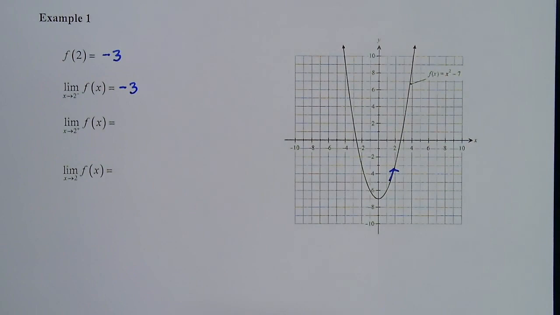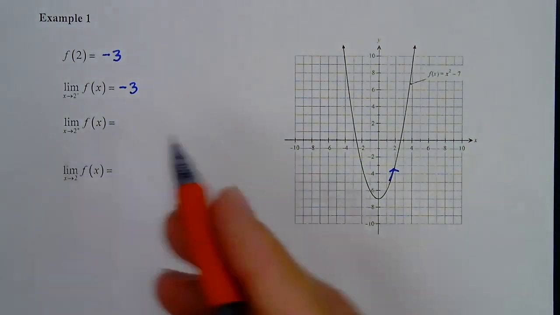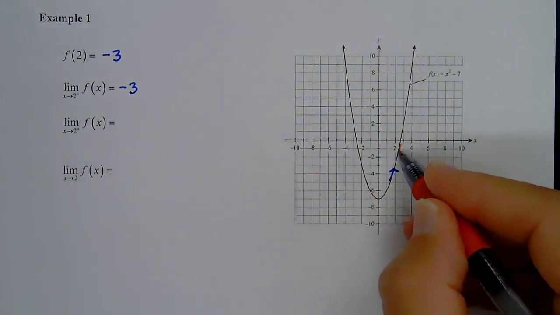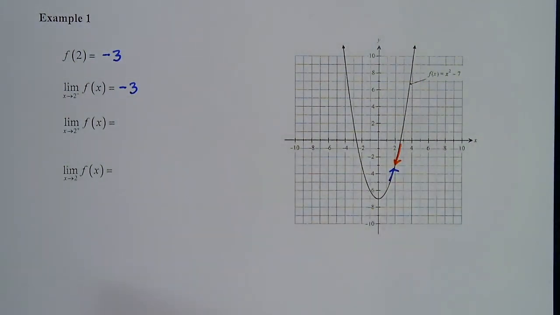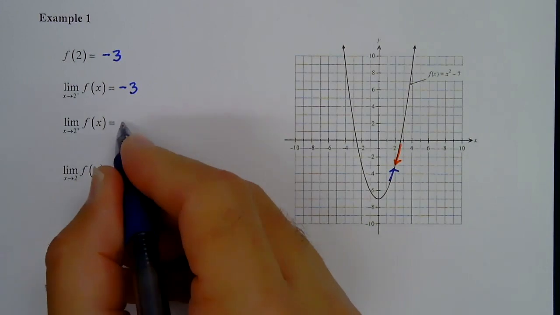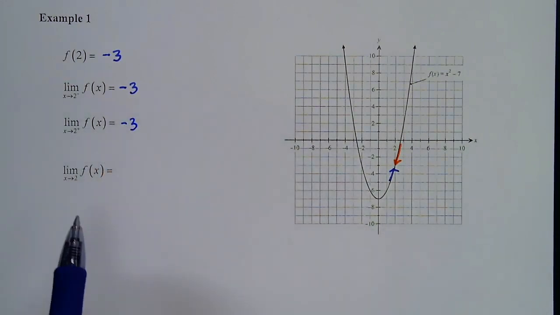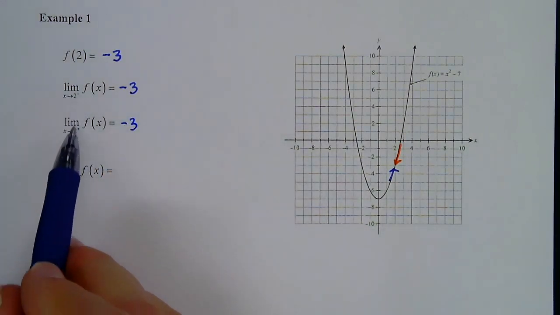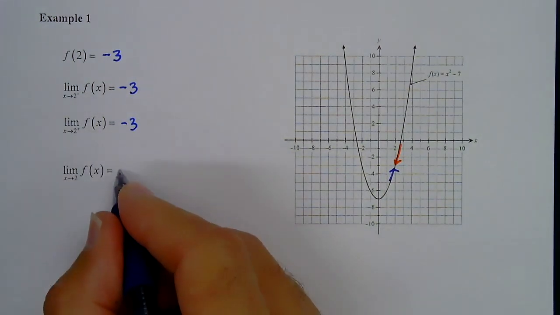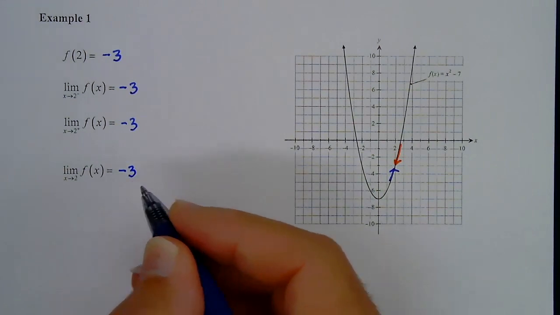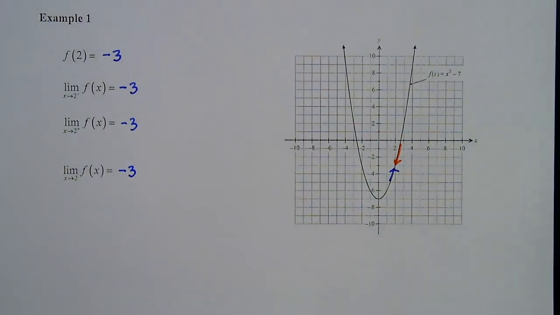Then from the right, that's what this next one is. From the right, we're going to come in this way, and we can tell that it is -3 also. And now, since those two are the same, we know this one is equal to -3, okay? And that's how you do it graphically.